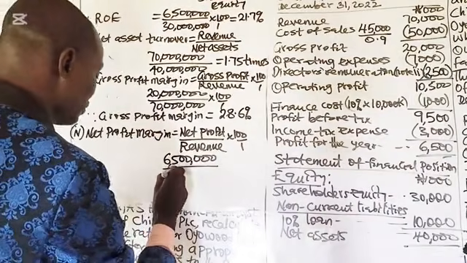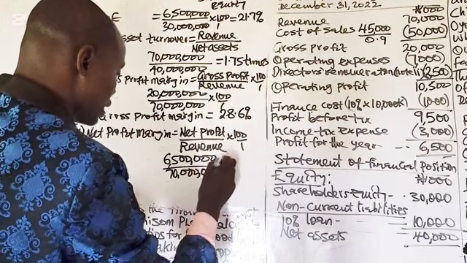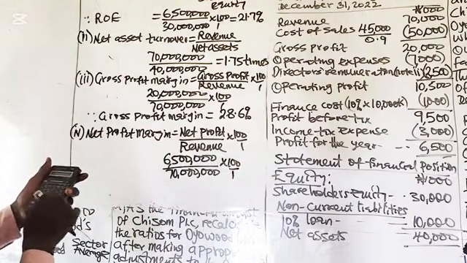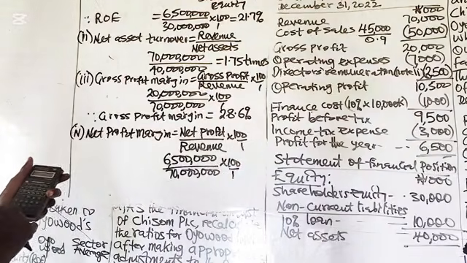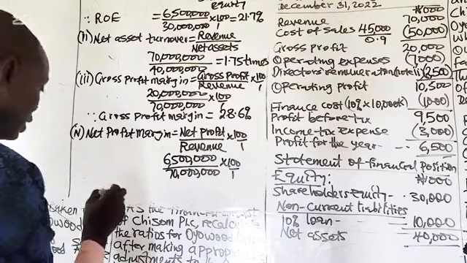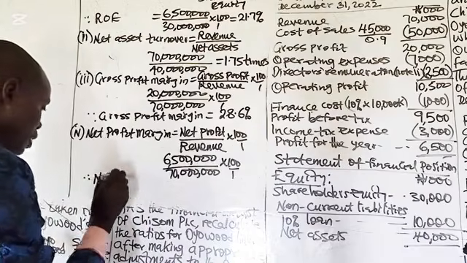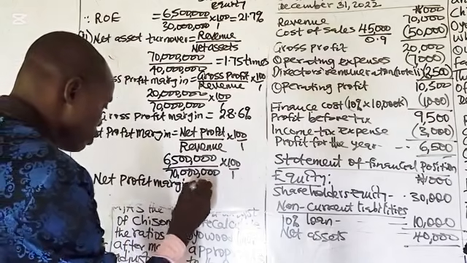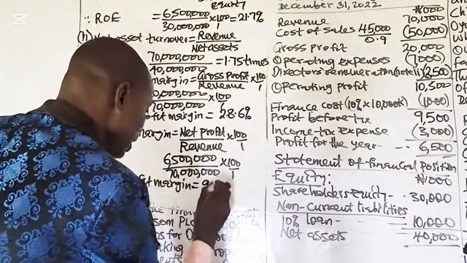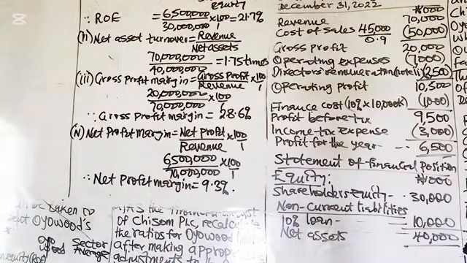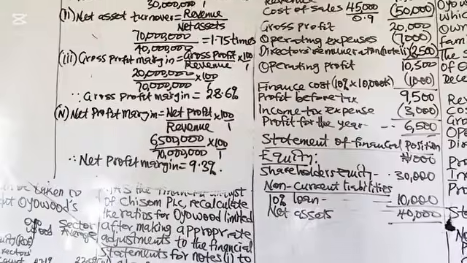Revenue is 70 million. So 6.5 million divided by 70 million times 100 gives 9.3%. Therefore, net profit margin equals 9.3%. We have calculated the required ratios for Oyo Wood Limited.